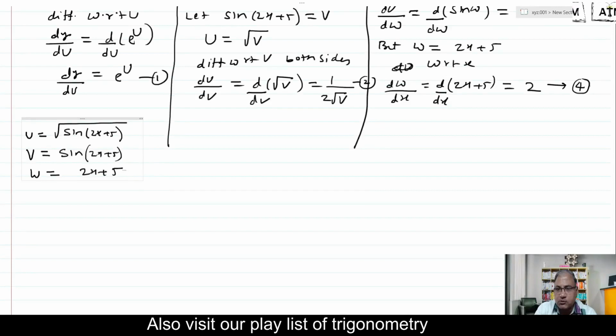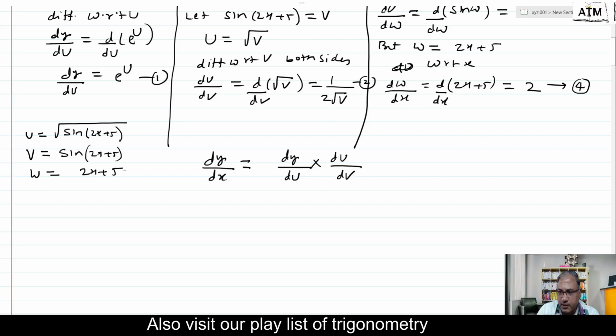Since the given question was a composite function containing u, v, w, that is, a triple composite function, the chain rule can be extended to the triple composite function as dy by dx equals, what was the first result? First result was dy by du. What was the second result? That is du by dv. And what was the third result? dv by dw. And what is the last result? dw by dx.